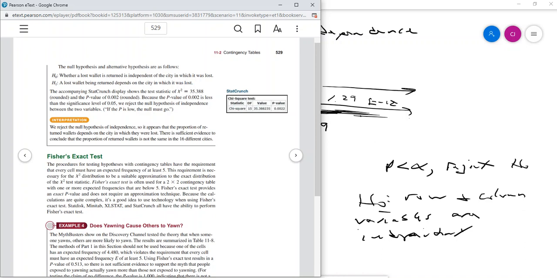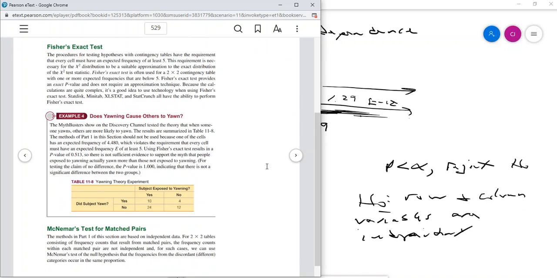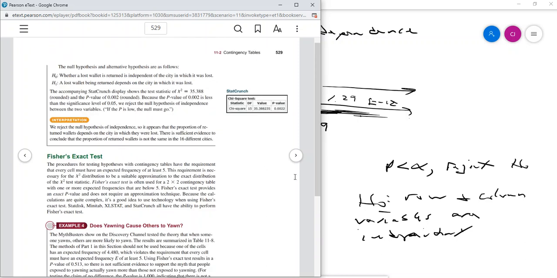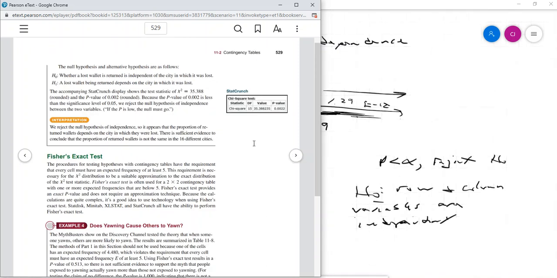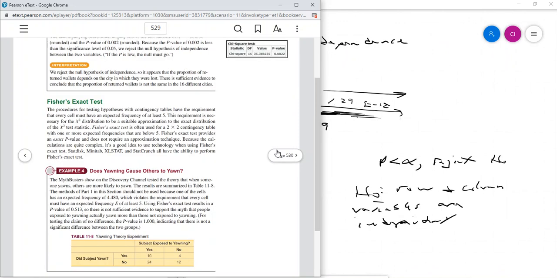And it says Fisher's exact test is often used for a 2x2 contingency table with one or more expected frequencies that are below 5, because the exact test does give you an exact p-value and does not require an approximation technique. But you don't have to know that. We're going to skip that, and we're just going to conclude there and get ready for the last exam.